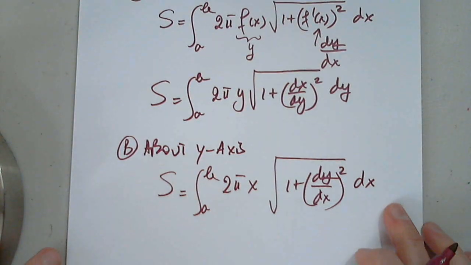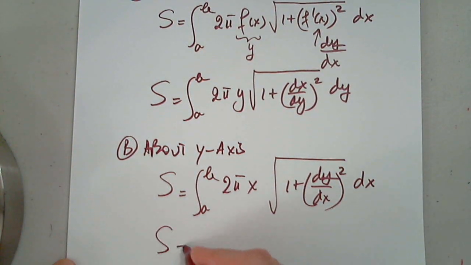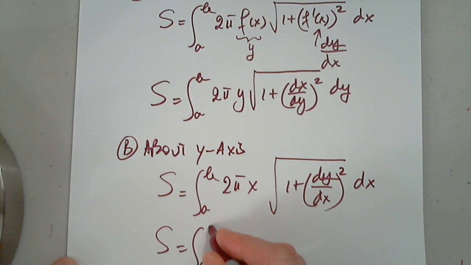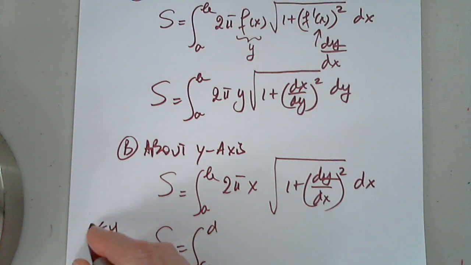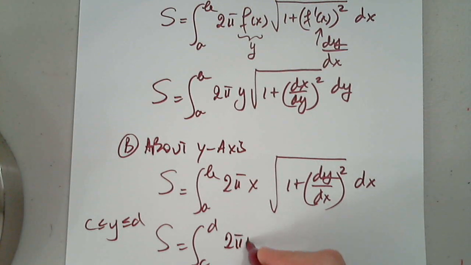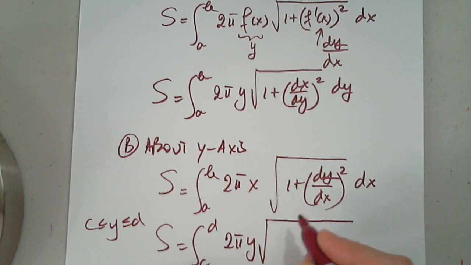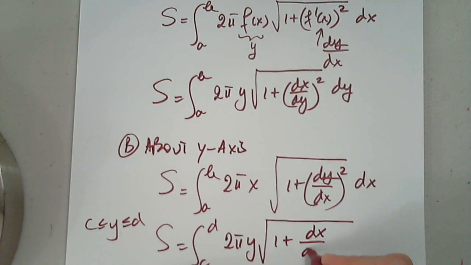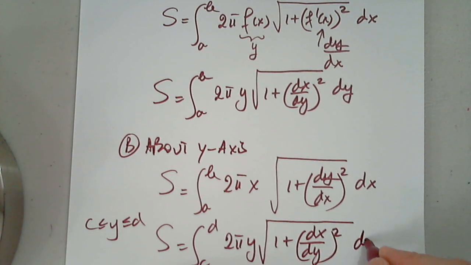And if we integrate with respect to y, that will be the integral from c to d, assuming that y is between c and d, of 2 pi y times the square root of 1 plus dx over dy, everything squared, dy.